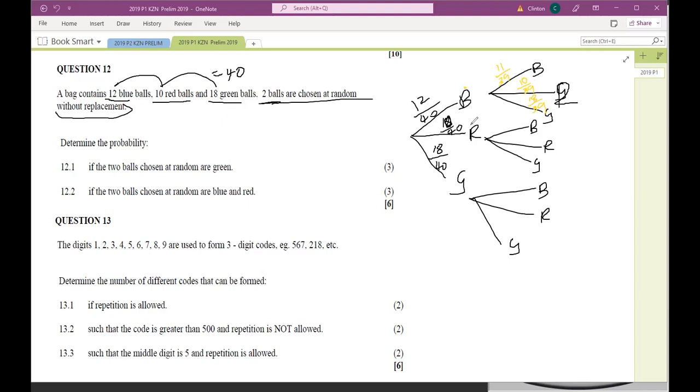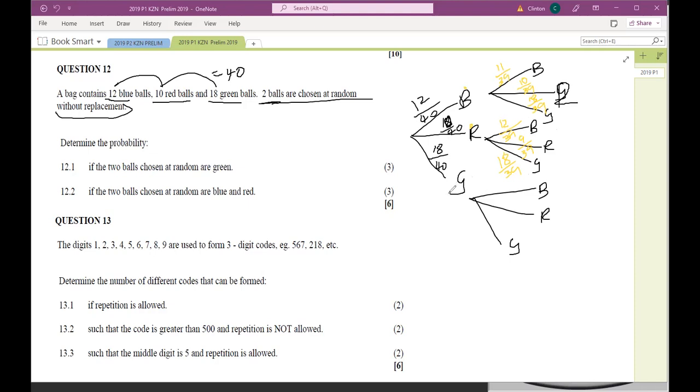If I chose red as my first option, when I was picking the first time, it means I have how many reds? I have 9 reds. This one will still be the same, and that one will still be the same. Then out of 39, because there's no replacement.